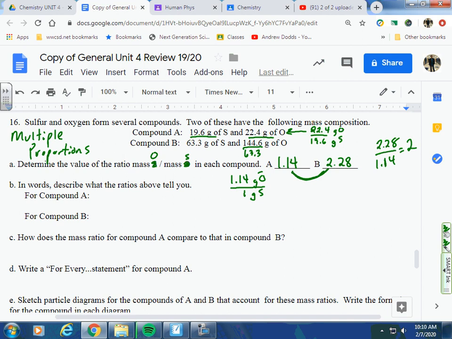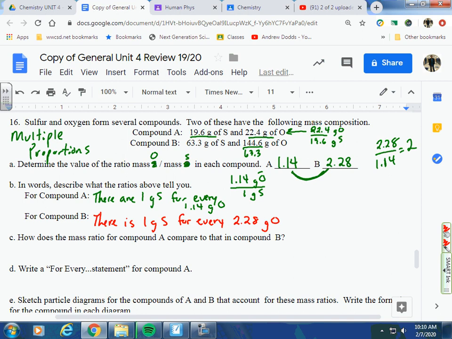So it means that there is 1 gram of sulfur for every 1.14 grams of oxygen. And in compound B, there is 1 gram of sulfur for every 2.28 grams of oxygen.